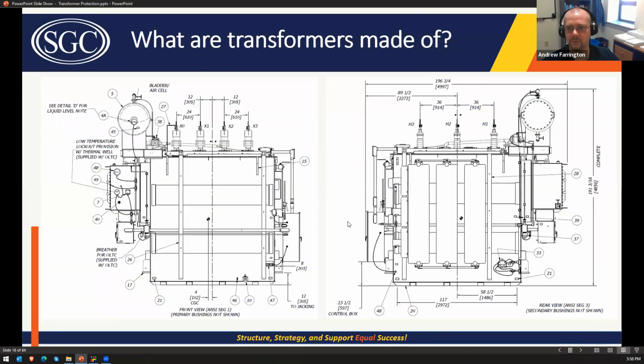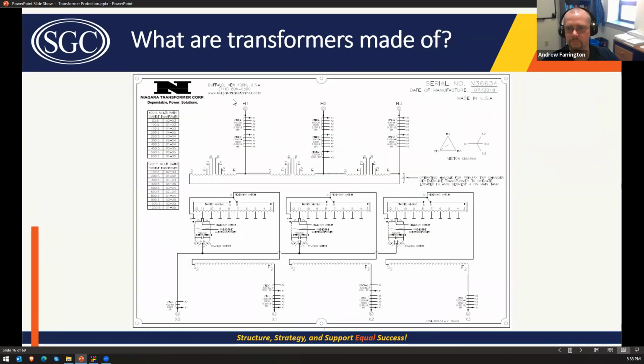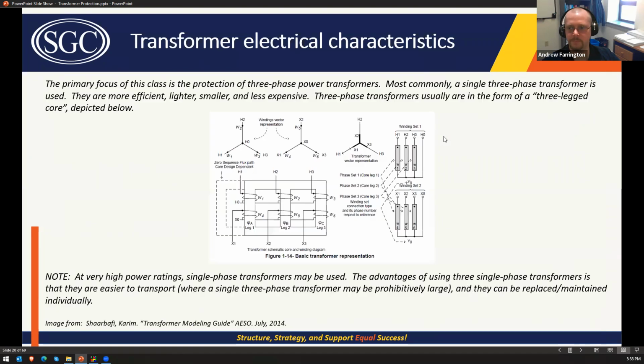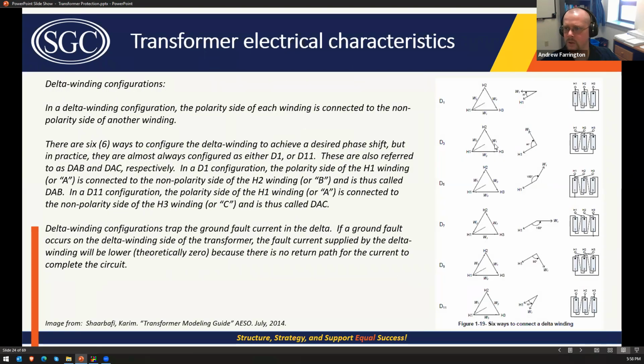And we talked about that when we looked at this nameplate, where the polarity of H1 is connected to the non-polarity of H2. That makes it a DAB transformer, and therefore it's got a vector diagram with DY1. That's mimicked here, where you've got the polarity of H1 going to the non-polarity of H2. That's why it's D1.